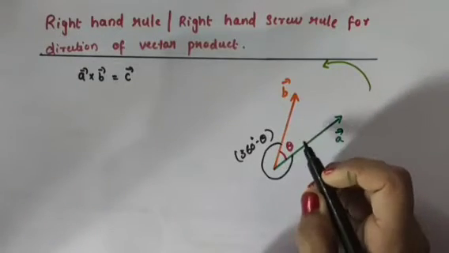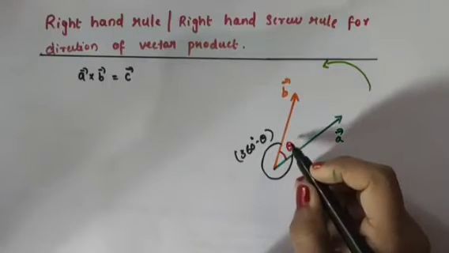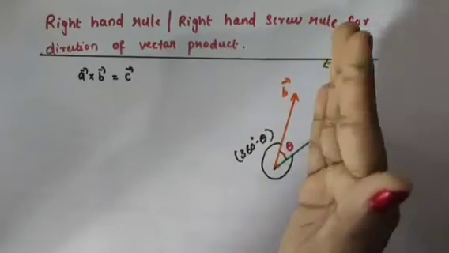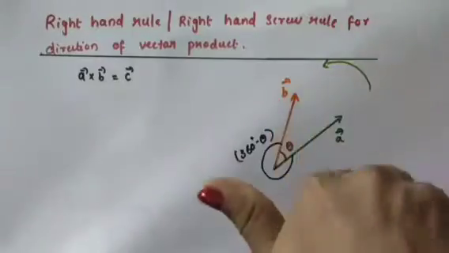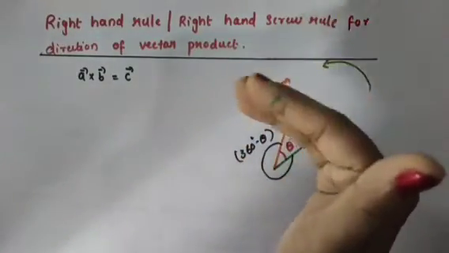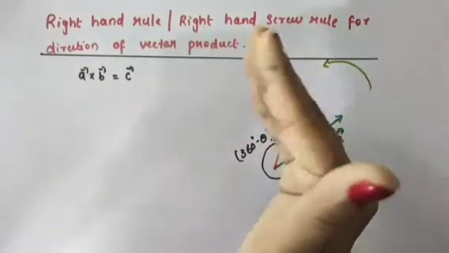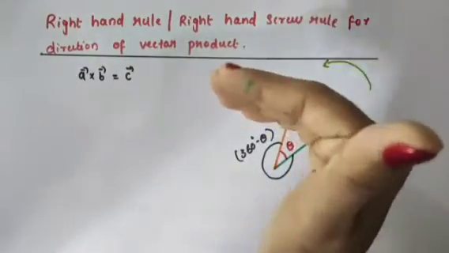This theta. So I need to consider, between this A and B, which angle? I need to consider the theta, not this 360 minus theta. So when I am considering this A and B, I need to consider the small angle and I need to curl like this.